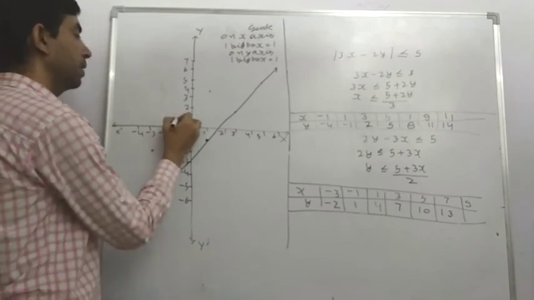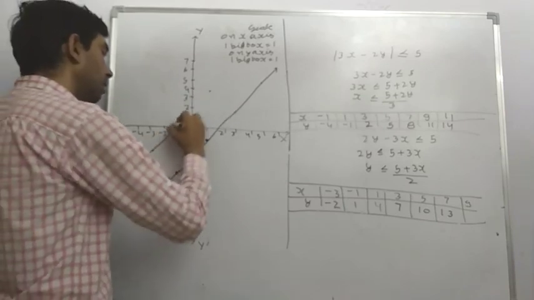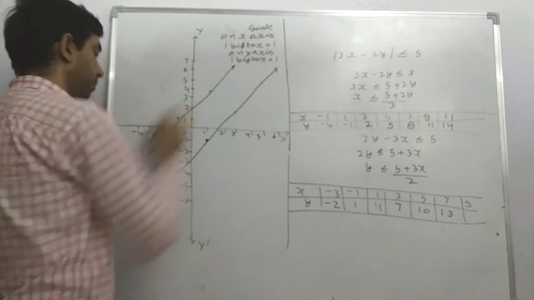We join this line, and it is represented by this method.